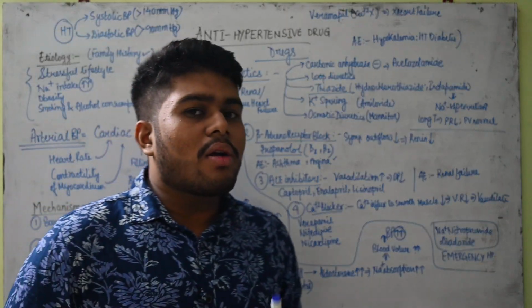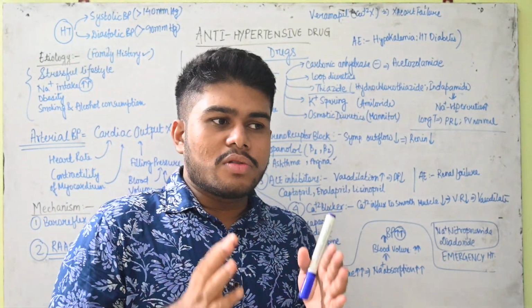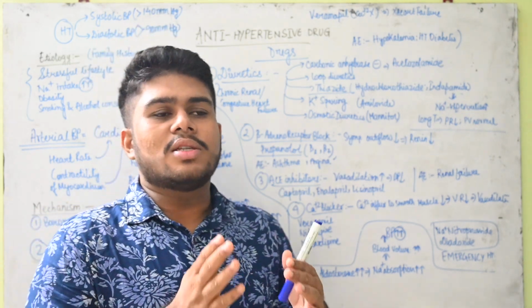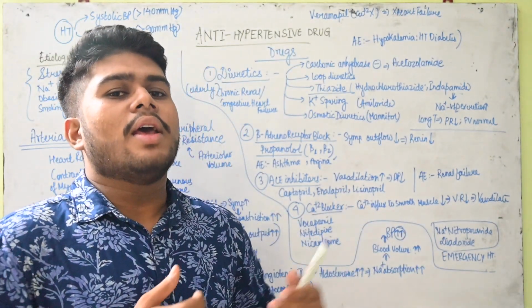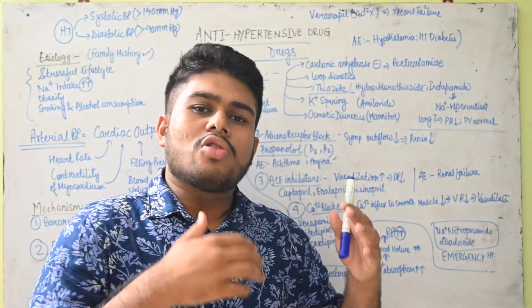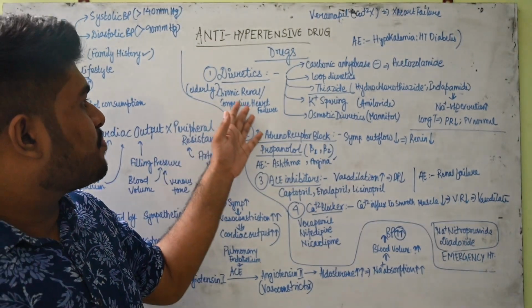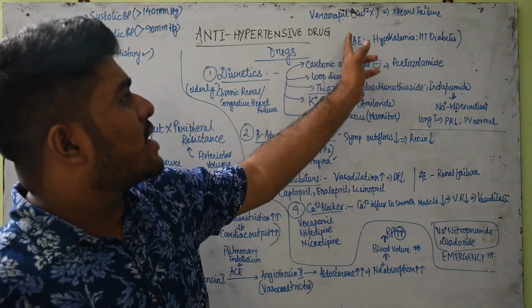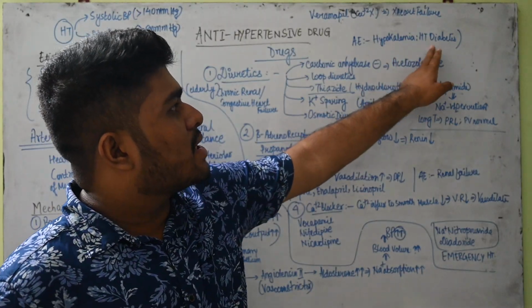But you cannot apply diuretics to every person. First you have to check whether that person is suffering from any other sort of disorder, like congestive heart failure, or some renal problem. You have to check whether the person has diabetes or not, because there are certain adverse effects, like they will promote hypokalemia, and also diabetes.